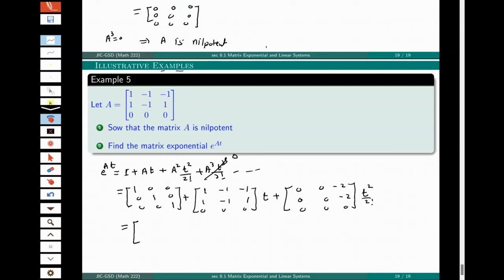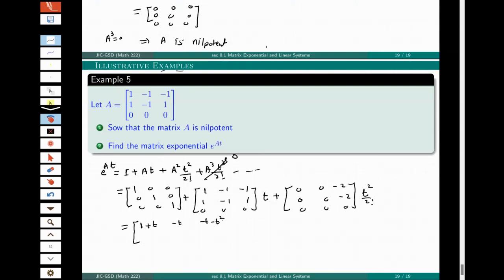We will end up with the first entry 1 plus t, and the second entry 0 minus t, and the third entry 0 minus t again; the 2 with minus 2 will go, so it will be minus t squared.